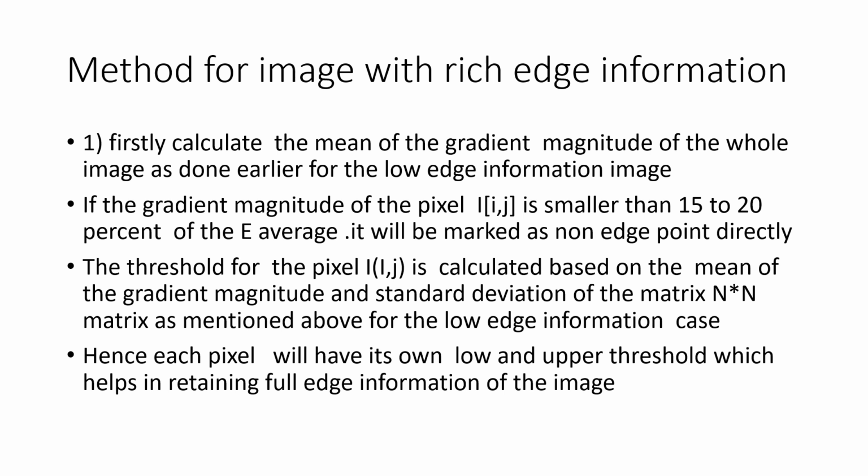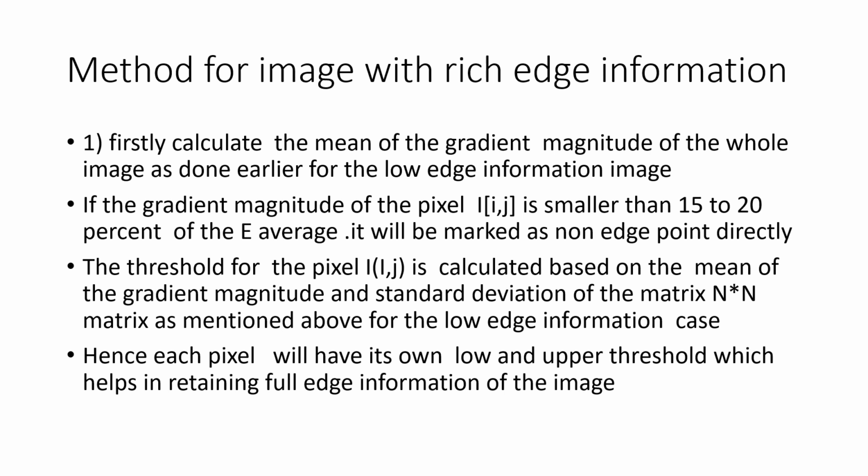Selecting a double threshold for the whole image cannot accomplish our edge detection, since the selected threshold will be too high for some edge regions with small gradient magnitude, which will lead to the loss of detailed edges.